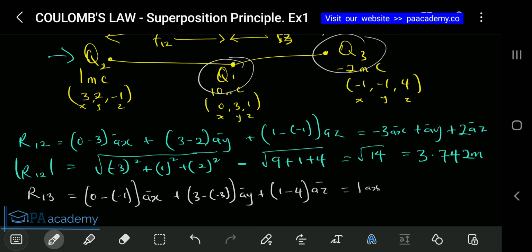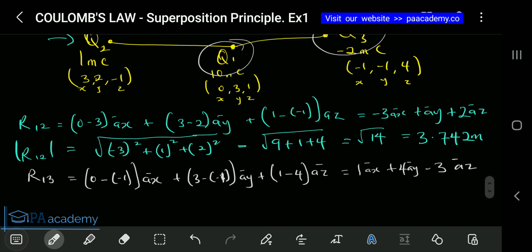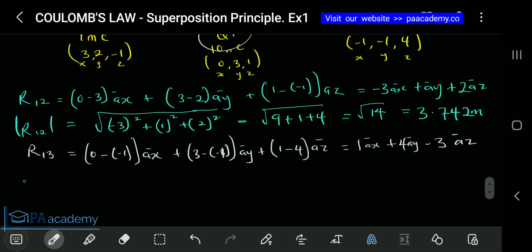1 AX, then plus, okay, so this should be 3 minus 1, not minus 3. So plus 4 AY, then 1 minus 4, that's minus 3 AZ. Okay, so now let's calculate the magnitude for R13.